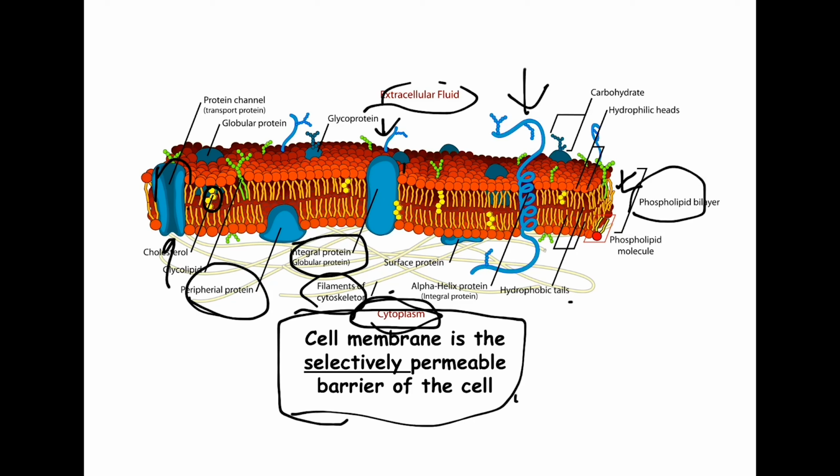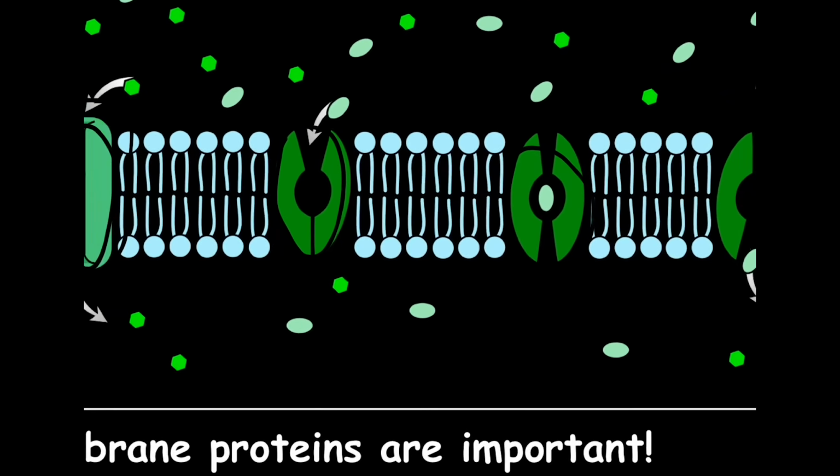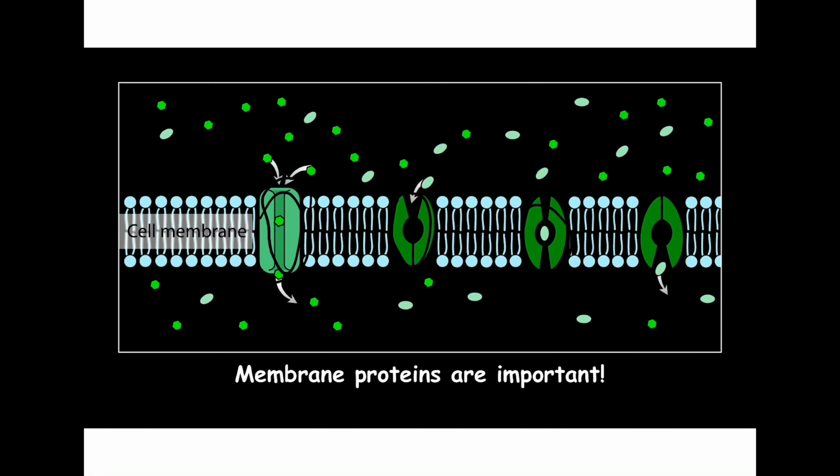All right, so let's focus a little bit more on those membrane proteins, because those membrane proteins are critical. If we take a look here, this is showing you once again our plasma membrane, this phospholipid bilayer, but these green things that we see here are membrane proteins, and I'm going to specifically talk about them because they're so important.